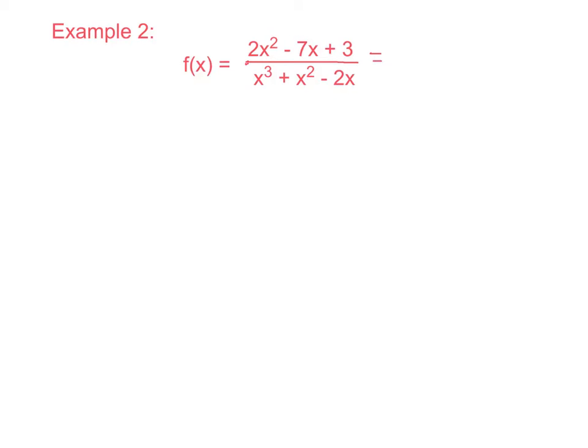The numerator is going to end up being 2x minus 1 times x minus 3.